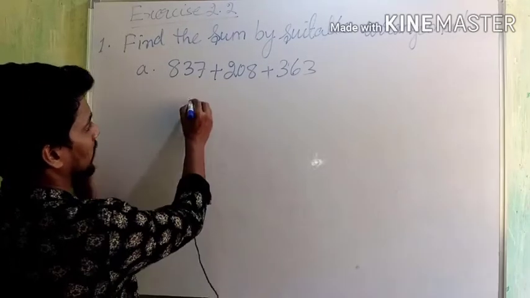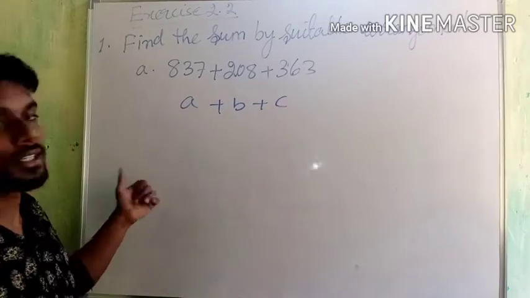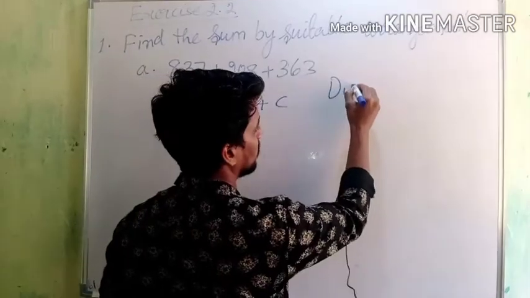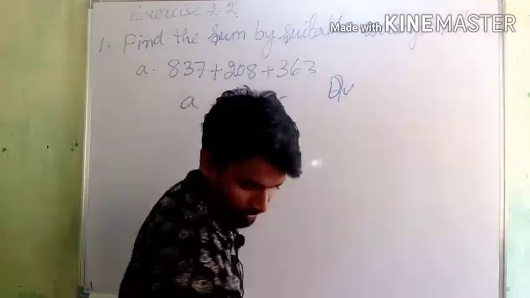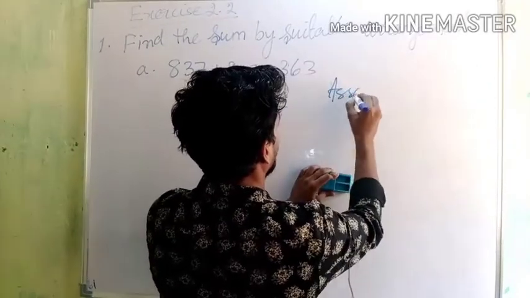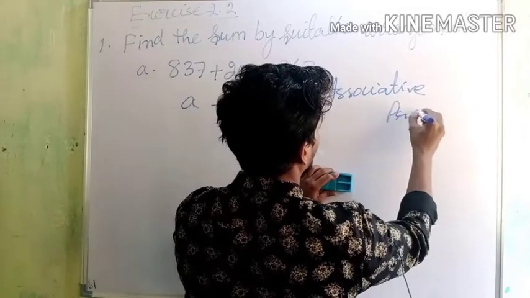Here I can see a plus b plus c. So I think here we will be using the distributive property. Sorry, the associative property. How?